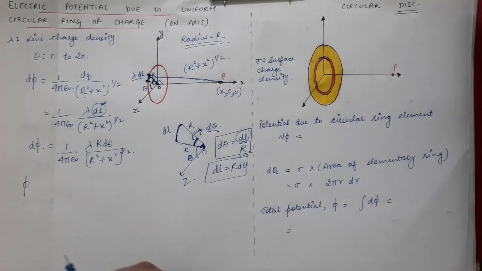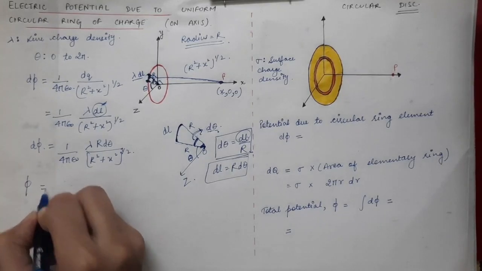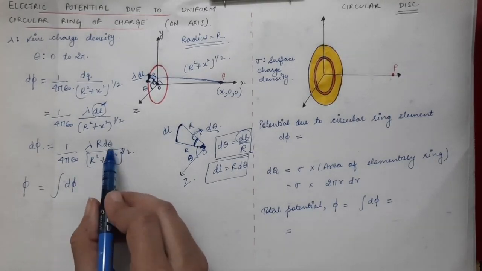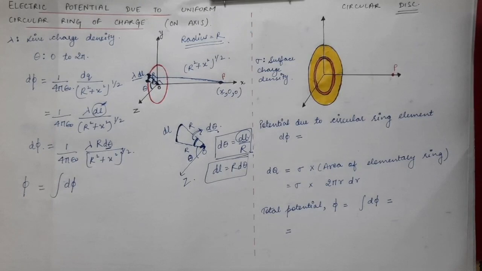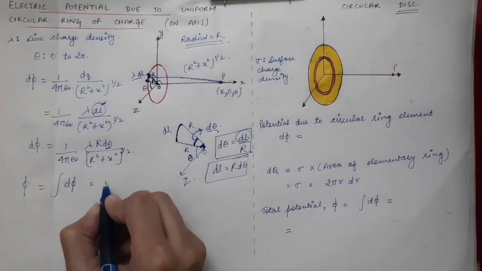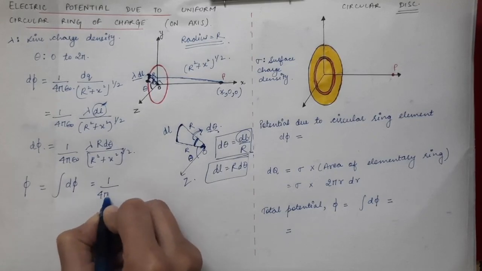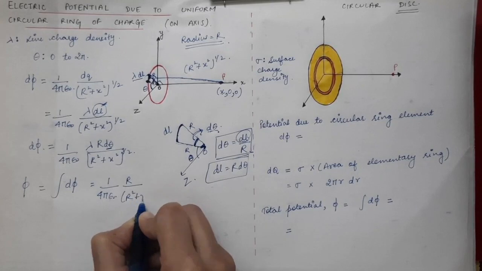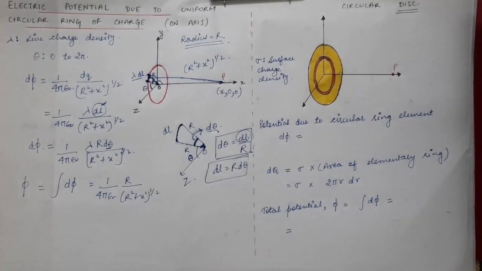So the total potential at P due to the uniformly charged circular ring will be equal to the integration of dV. And over here we have seen only this d theta is the variable and all others are constant, so they will be taken outside the integration. So you will get 1 by 4 pi epsilon naught into lambda R divided by r square plus x square power 1 by 2 and the integral of d theta.